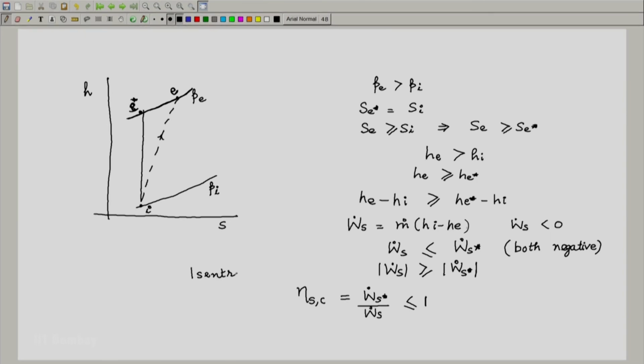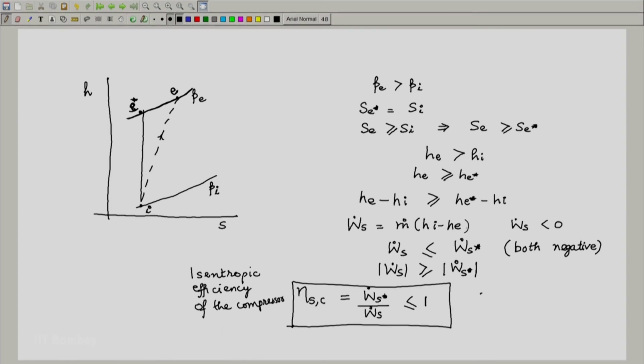This is the so called isentropic efficiency of the compressor. Of course, you can also see that you could have written it as He star minus Hi upon He minus Hi in this case.